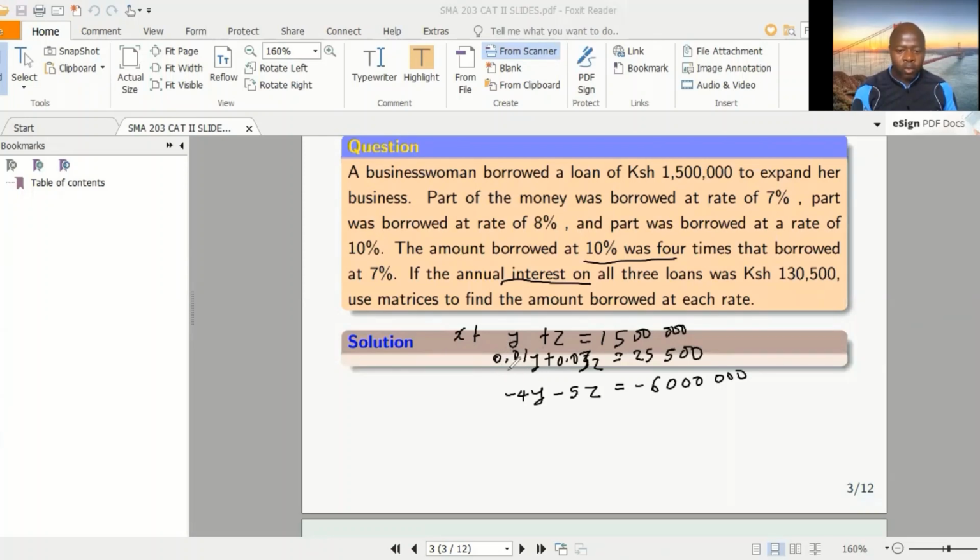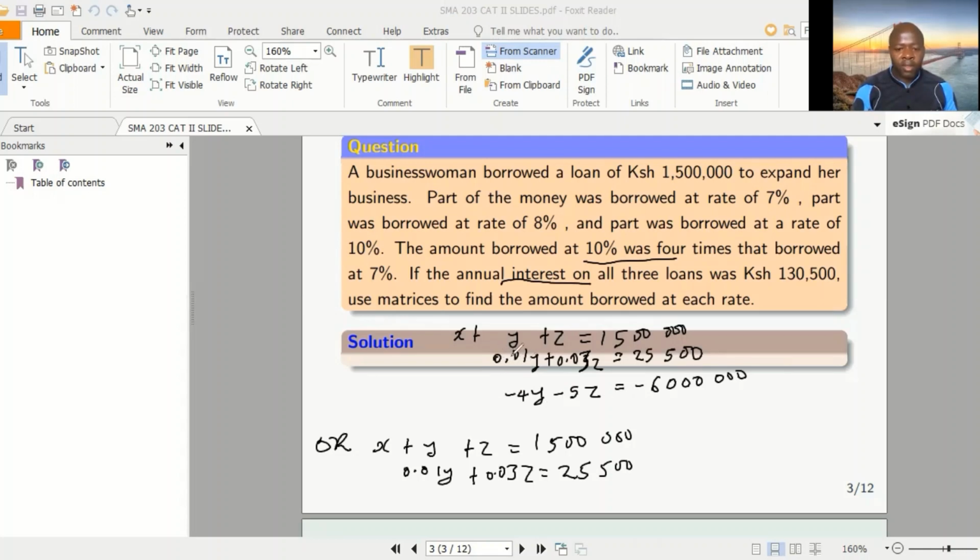The way to get a 4 here is to multiply equation 2 by 400 and subtract from equation 3 to get a 0 in this position. So equation 1 remains where it is. Equation 2 remains where it is.